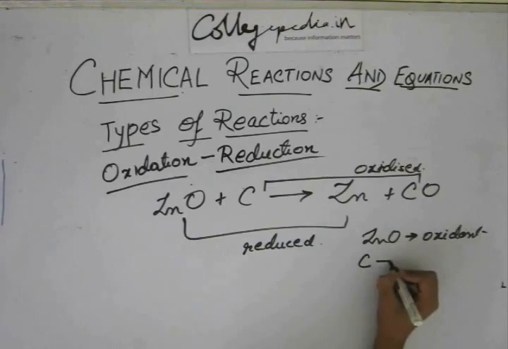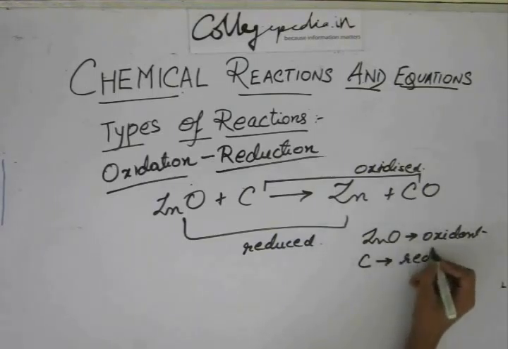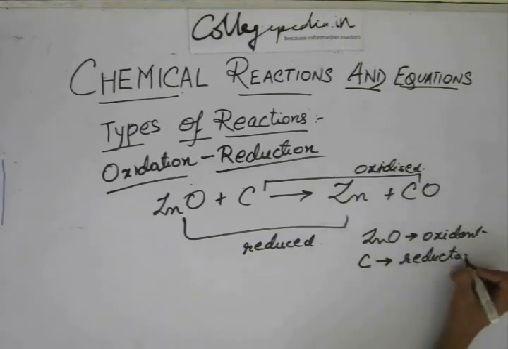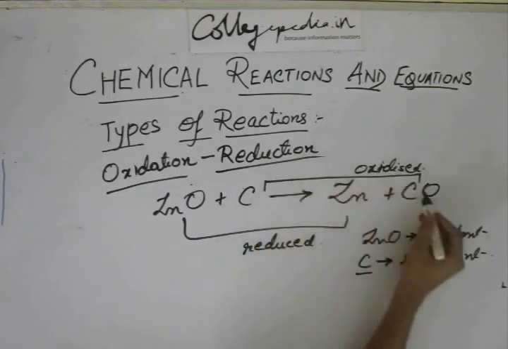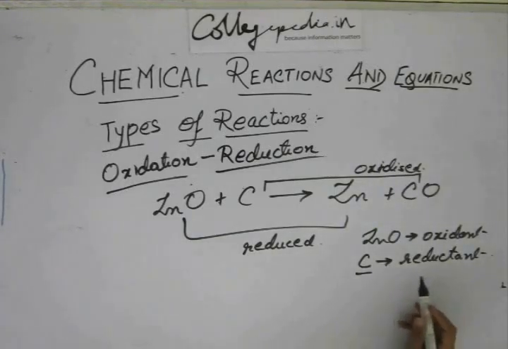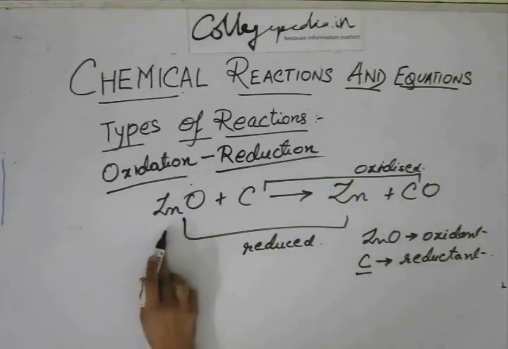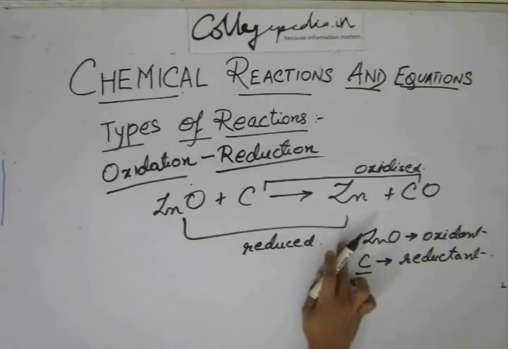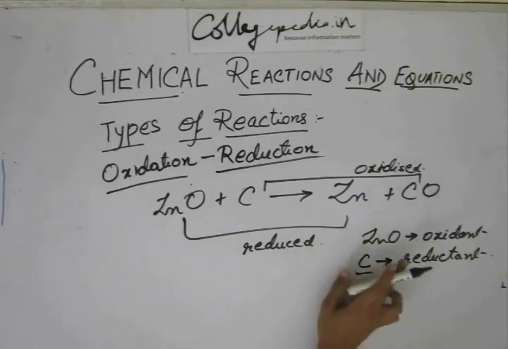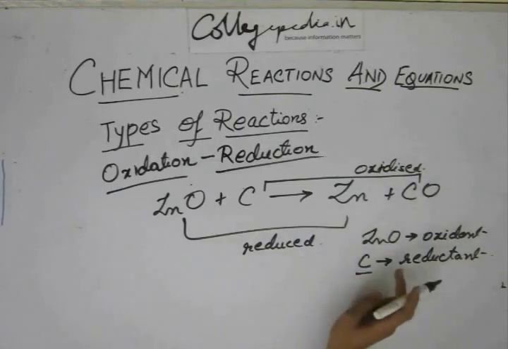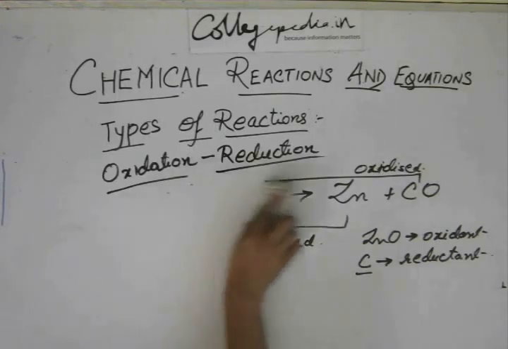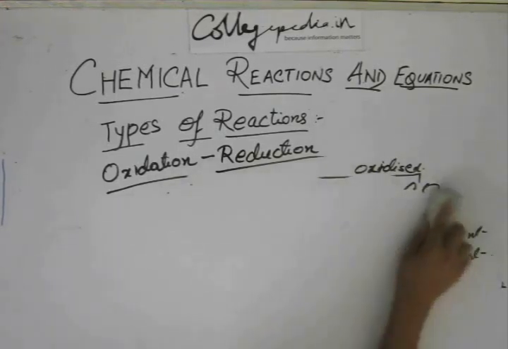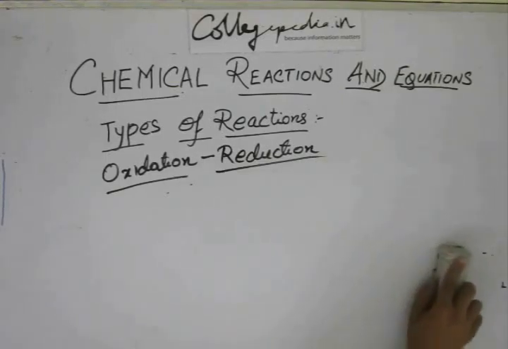So this carbon becomes the reductant. You see that the reductant, which is carbon, is getting oxidized, and the oxidant, which is zinc oxide, is getting reduced. That is why the oxidant always gets reduced, the reductant always gets oxidized. So that is about oxidation and reduction.